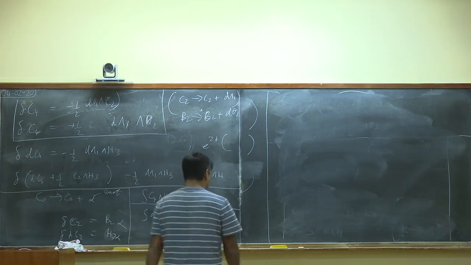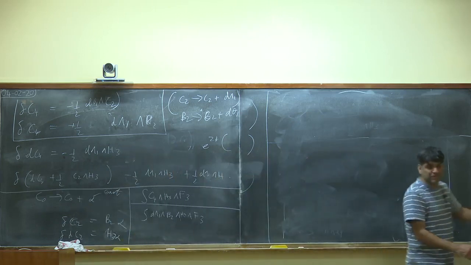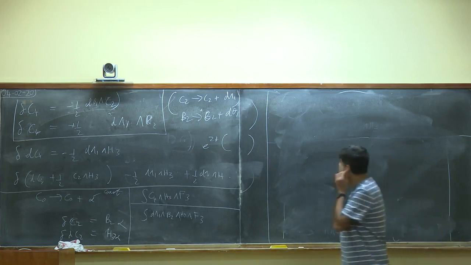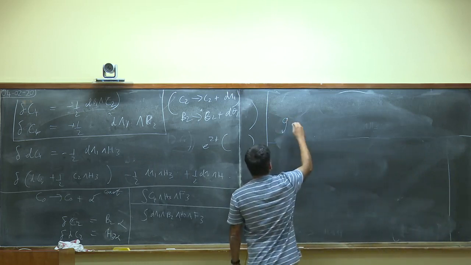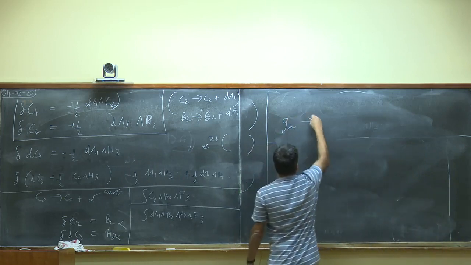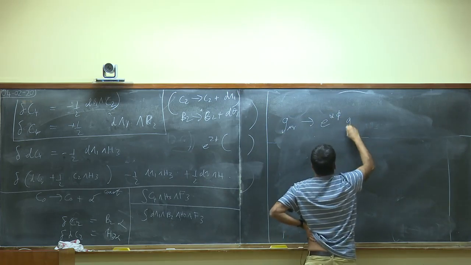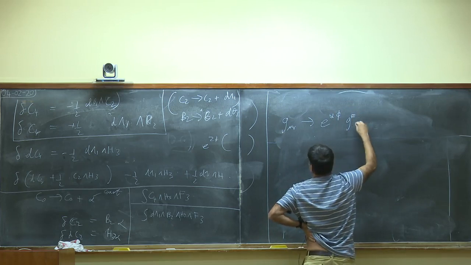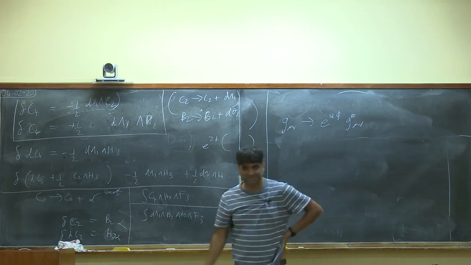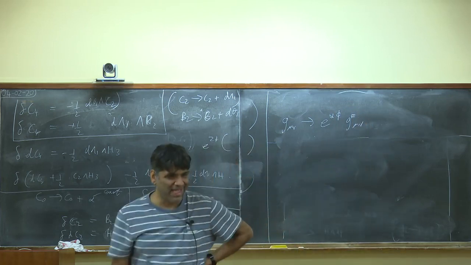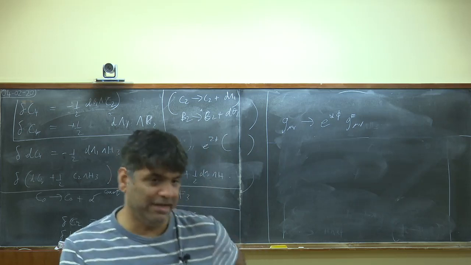Okay? So there is one field redefinition that is sort of useful to do, and that is this. The field redefinition is to take G mu nu and put an e to the power alpha phi times G, we call it Einstein, mu nu. Now, what is the point of this field redefinition?